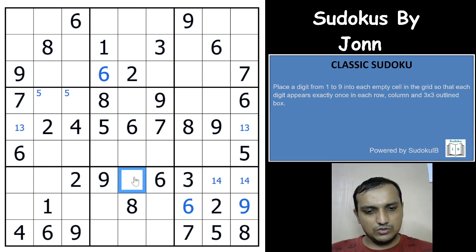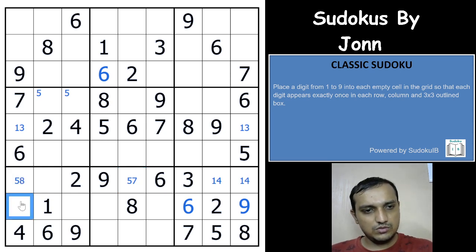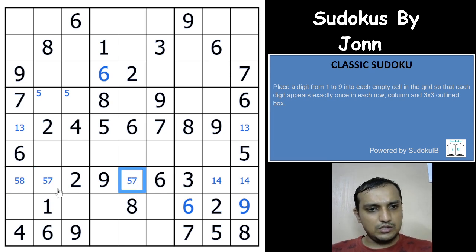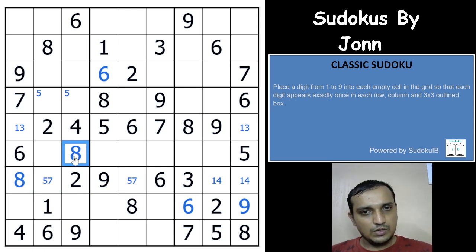So 8 cannot be here. This cell would have to be an 8, that gives you this cell as an 8.